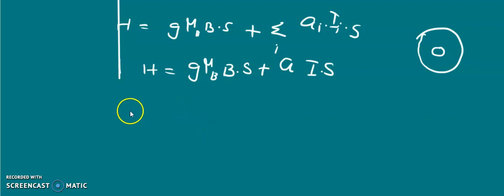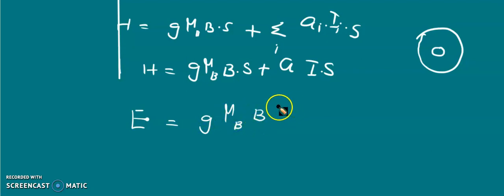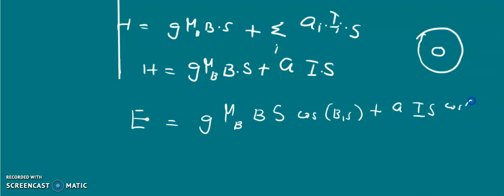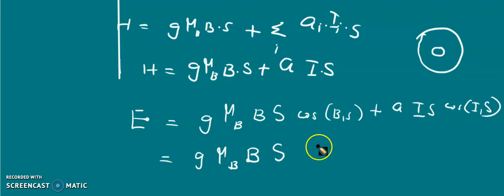So the corresponding energy is equal to g mu B into S into cos of angle between B and S plus A I S cos of angle between I and S. So this is equal to g mu B S into cos of angle between B and S is ms by root of S into S plus 1 cross h.